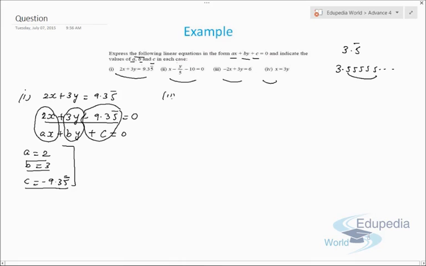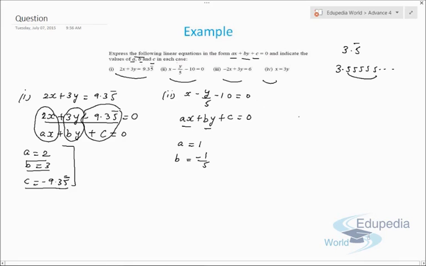Now the second equation is x - y/5 - 10 = 0. Now this is already in the form of ax + by + c = 0, so we need not arrange this equation in that form. So we need to find the values of a, b and c. Clearly, if we compare these two equations, we get a as 1. Now for b, we are getting the value of minus 1 by 5.